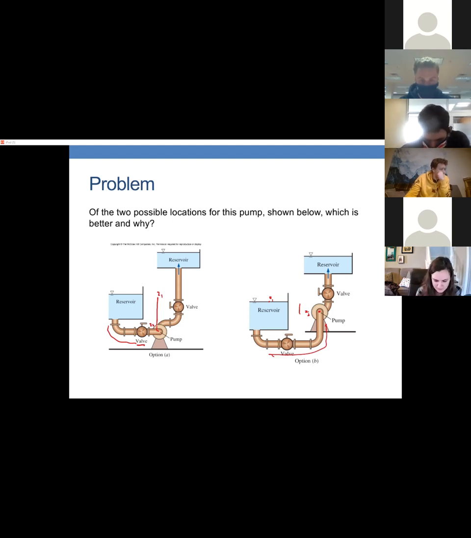There are also fewer fittings, though that might not be significant. This one has one bend and a valve, and this one has two bends and a valve. Probably not a huge difference, but it's something. So first of all, we want to put the pump low, and we also want a shorter amount of pipe going into the pump than after the pump.